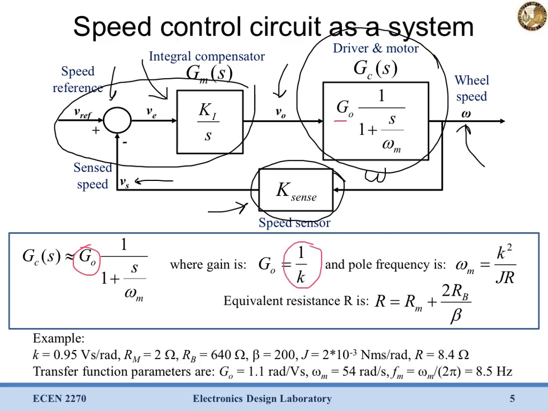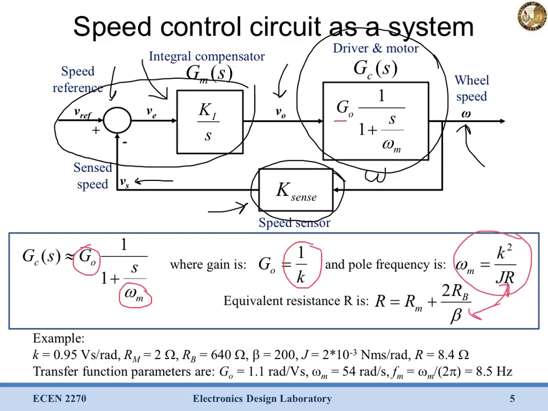This is that K that we solved for. Then we have some pole frequency, omega M. So that's the pole of our motor, which is also dependent on our motor parameters. Here R is an equivalent resistance equal to this. So that's dependent on our motor parameters as well as the BJTs that we've used.